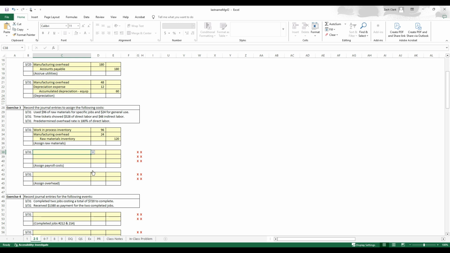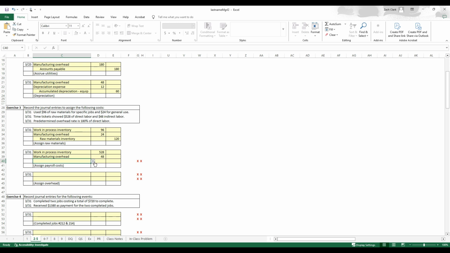And so again, the direct is going to go to the work in progress of 528. And then the indirect becomes a component of manufacturing overhead of $48.